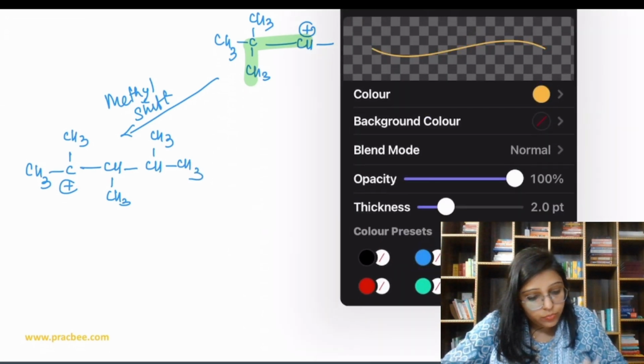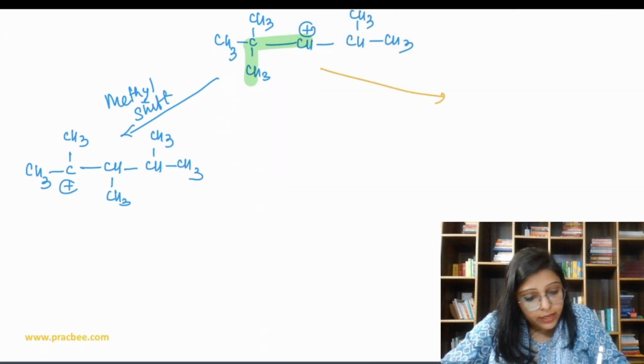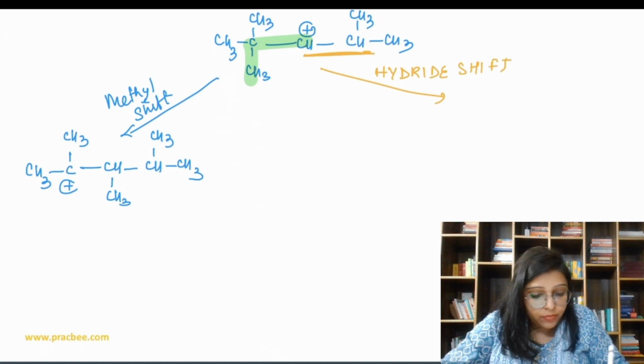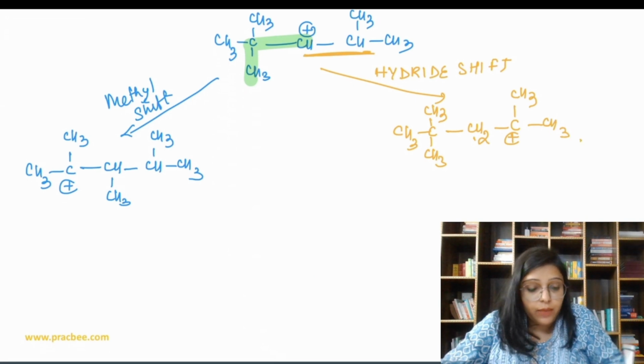Now if we do hydride shift, we have a new carbocation over here, CH3, CH3, then CH2, C positive, CH3, CH3. Okay.